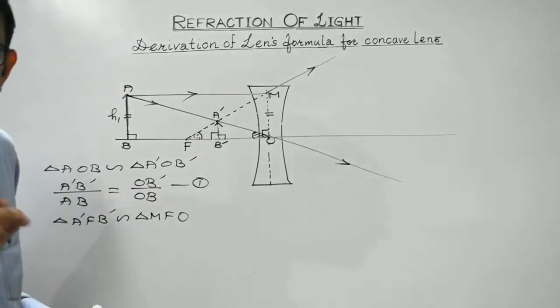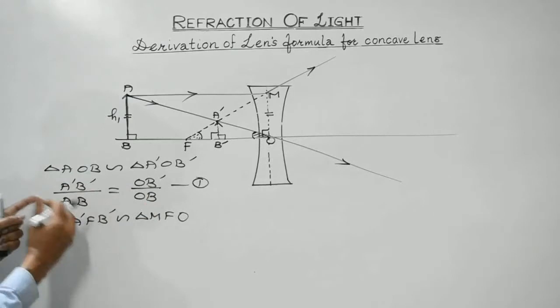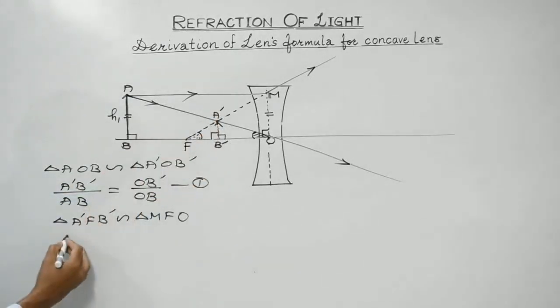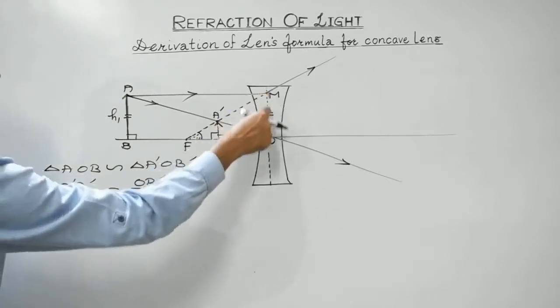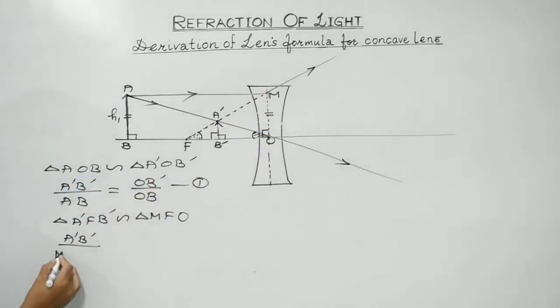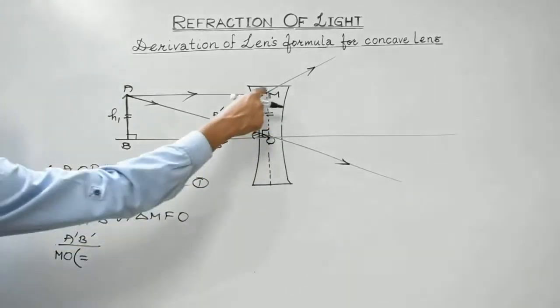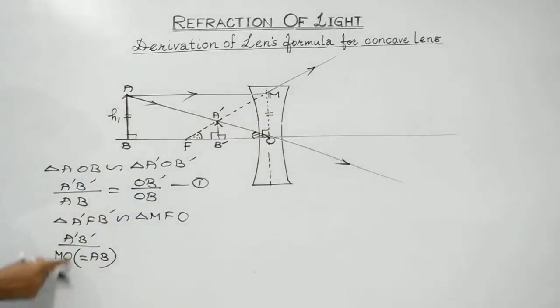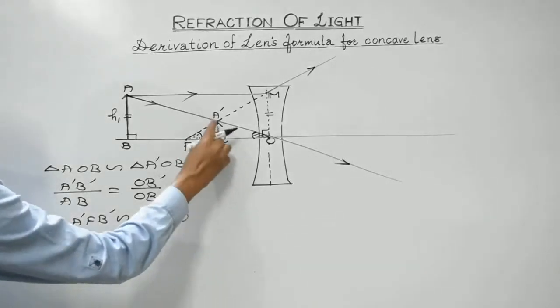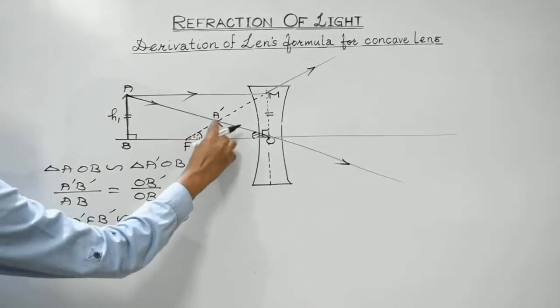Again, students, please ensure that the left hand side should be the same. So A dash B dash, its corresponding side would be MO. And students, MO is equal to AB, so that the left hand side of these two equations becomes equal. It is equal to, now consider the base of the smaller triangle.